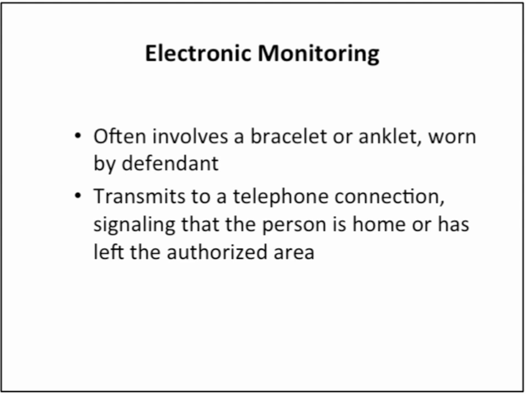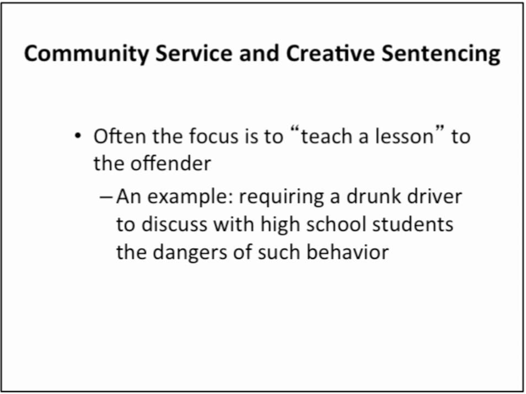And then electronic monitoring is something that's more common these days, involving some kind of bracelet or anklet worn by the defendant, transmitting through some electronic connection, to let somebody who's monitoring know where a defendant is. And even more recent ideas of community service and creative sentencing.